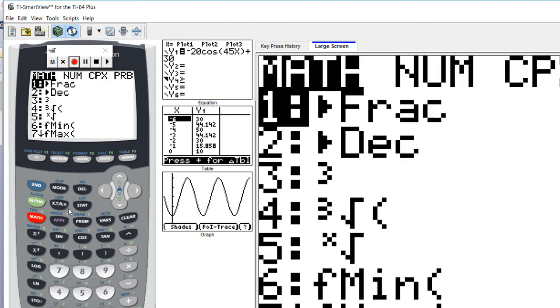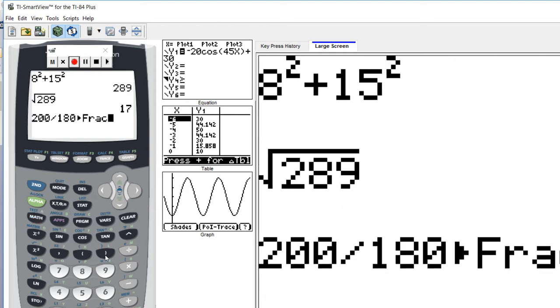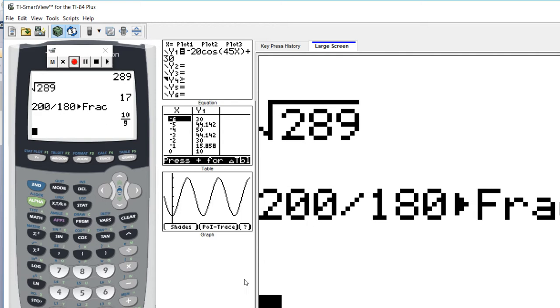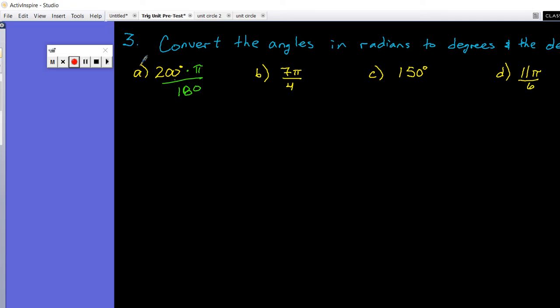Then I go math, enter, enter, and it's 10/9. You can do that without a calculator. Zeros go away. 20 and 18 are each divisible by 2. 20 divided by 2 is 10. 18 divided by 2 is 9. Or you can use your calculator. So it's 10 pi ninths. So 200 degrees is 10 pi ninths.